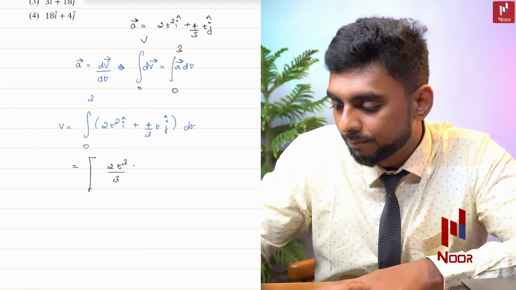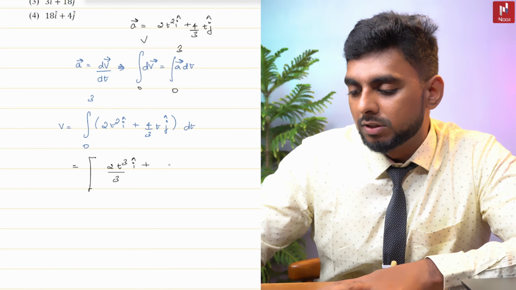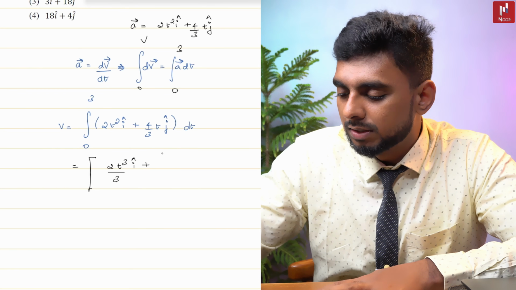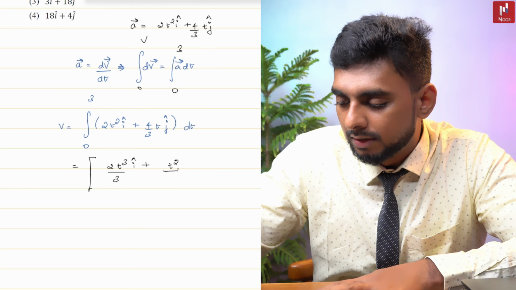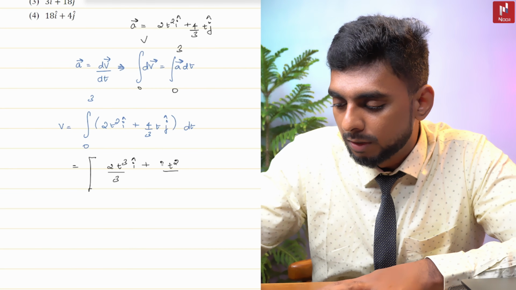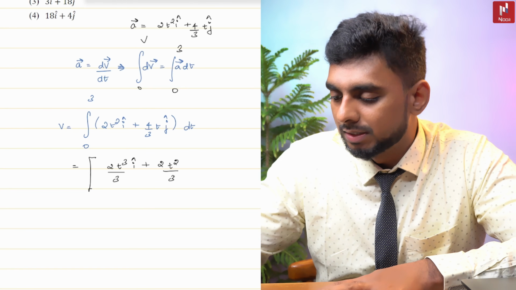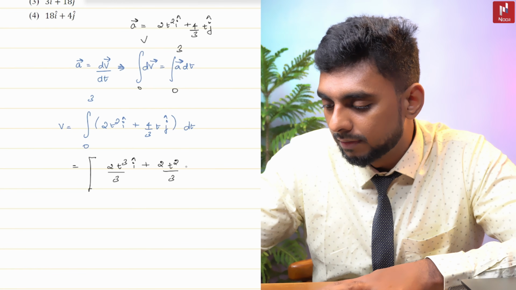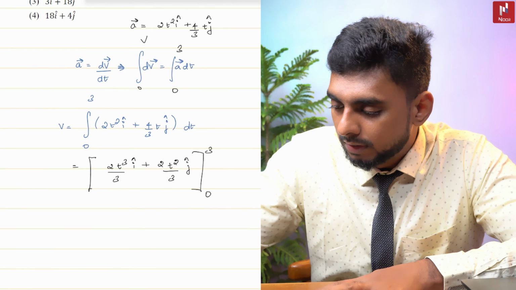Got it? Yeah. i cap plus 4 by 3 t j cap, which will be t to the power n plus 1 divided by n plus 1, that's going to be t square and then divided by 2. So 4 and 2 will get cancelled out, and then in the numerator you'll have 2, and in the denominator you'll have 3. I just cancel it off straight away, so we'll have j cap. Then let us put the power, we'll end up getting the answer. Okay, so let me substitute the limits into it, we'll end up getting the answer.